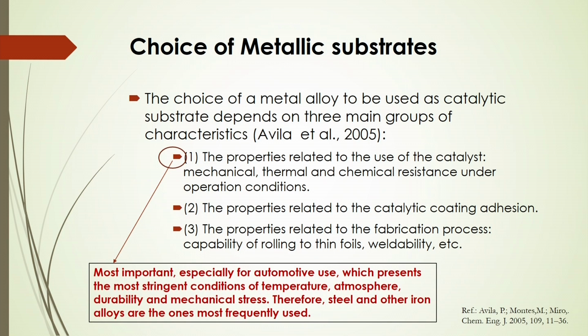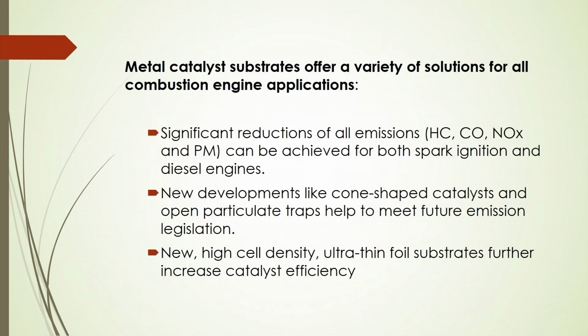That is why it is very important for automotive uses, where stringent conditions of temperature, atmosphere, durability and mechanical stresses are to be considered. Therefore, steel and other iron alloys are the ones most frequently used for the preparation of this metallic monolithic structure, generally for catalytic converters in automotive vehicles.